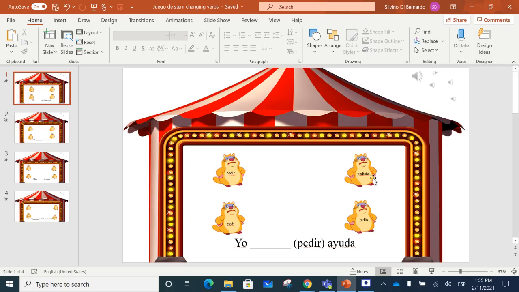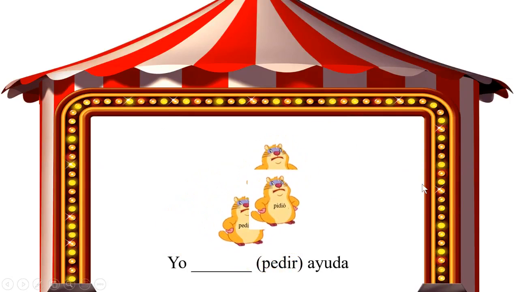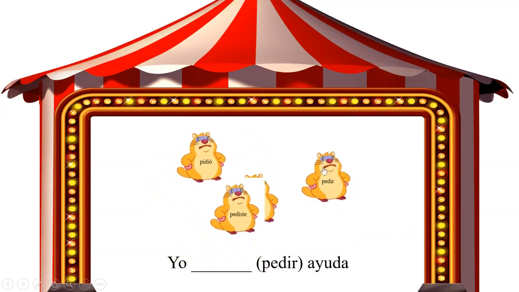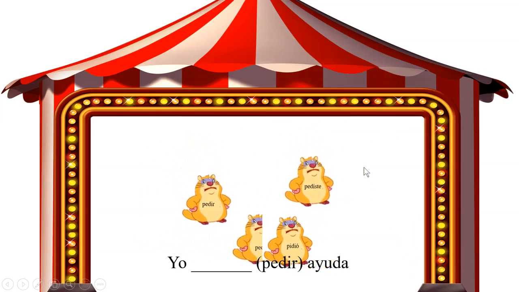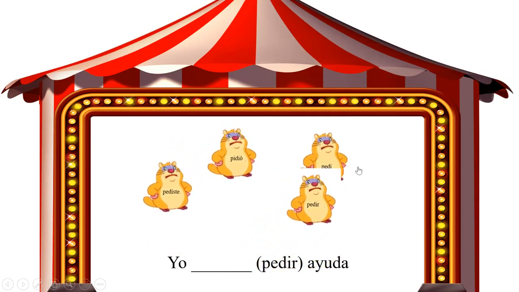This is already done for students to play. How does it work? Once again, I'm sorry that you cannot listen to the sound, but when you use the PowerPoint, you will be able to do it. So how does it work? You come here to slideshow. Once you open the game here, students have to click on the correct answer. They will be moving all over the place. This is how we set it. And let's suppose that they click on any of them.